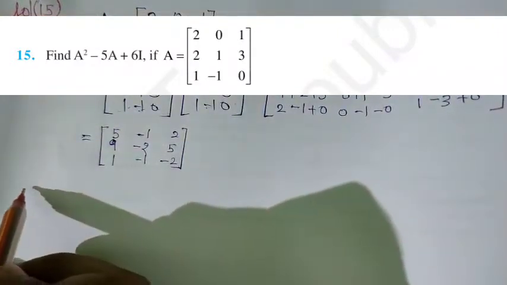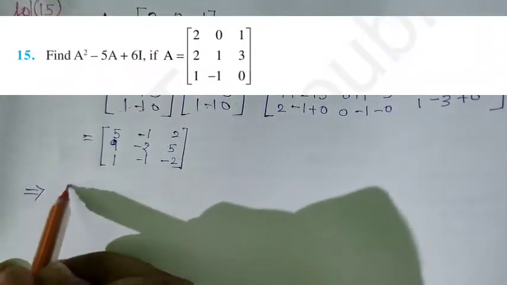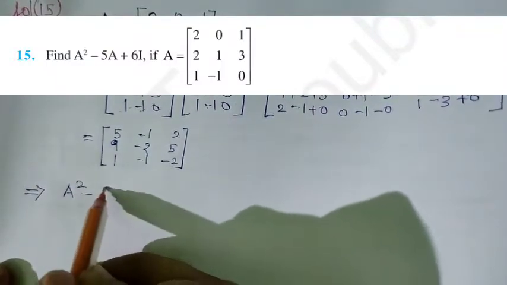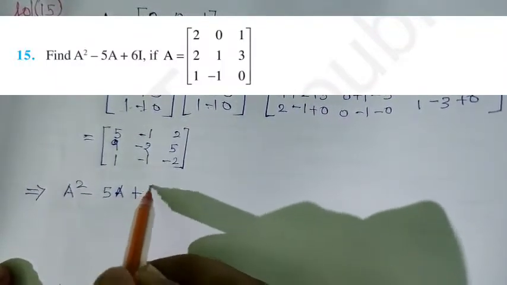Now using this value we will find A square minus 5A plus 6I.